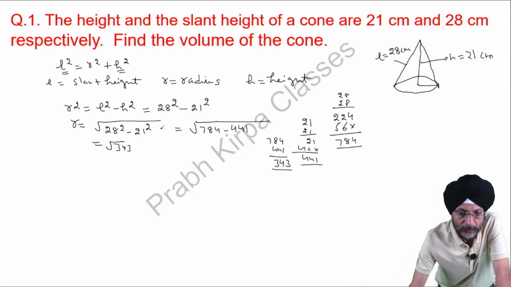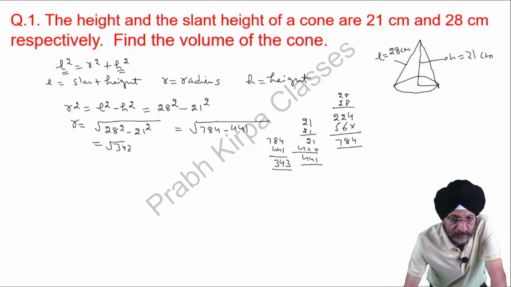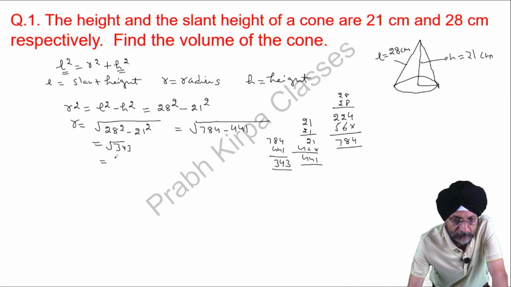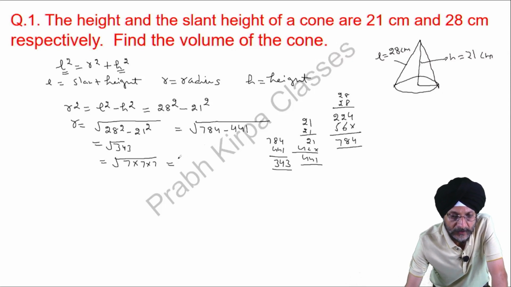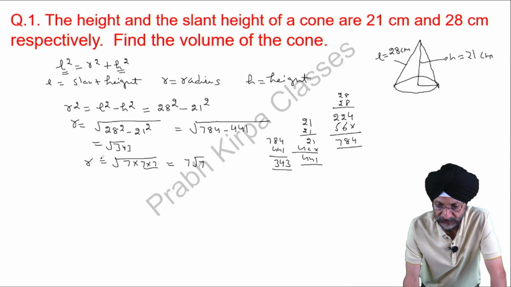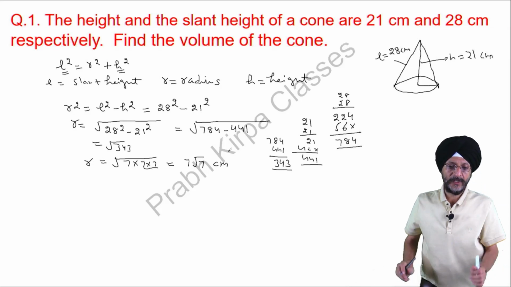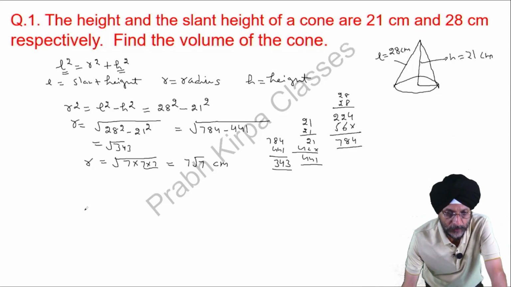This is R, which can also be written as under root of 7 into 7 into 7. Now these two become 7 under root 7. So this is the value of radius which has come out. This is centimeter.